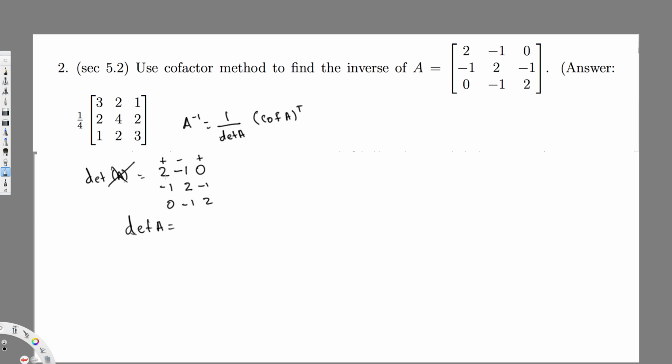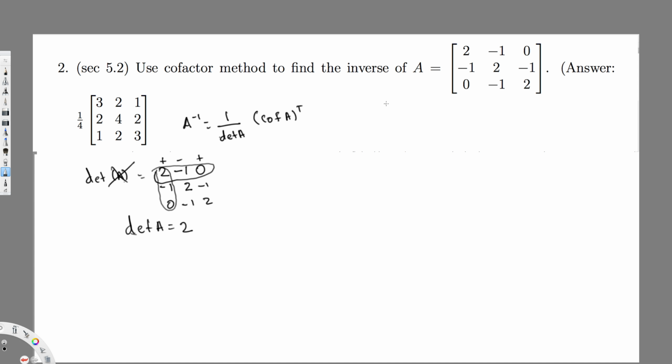So determinant A, I start with a 2. If I start with a 2, I have to eliminate the vertical and horizontal components related to that 2. If I eliminate those, we are left with 2, -1, -1, 2. In this case I have to do the AD minus BC formula.